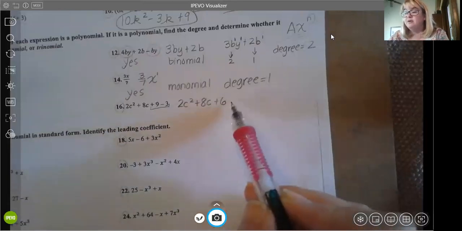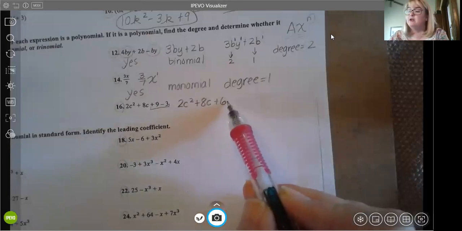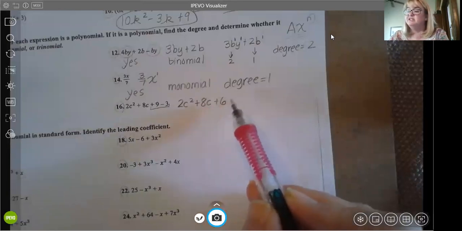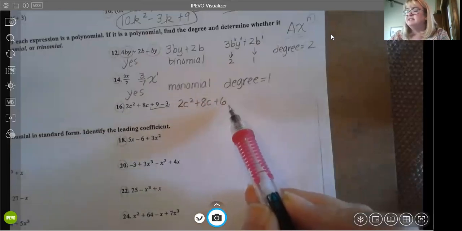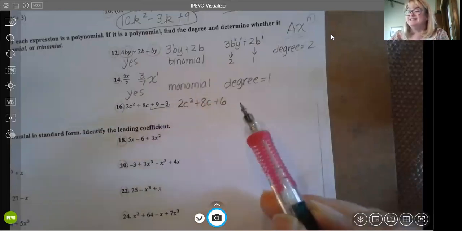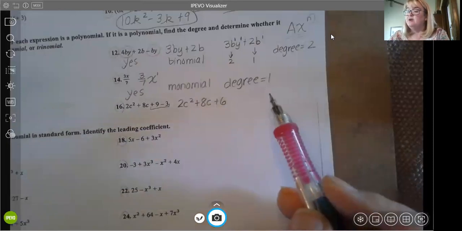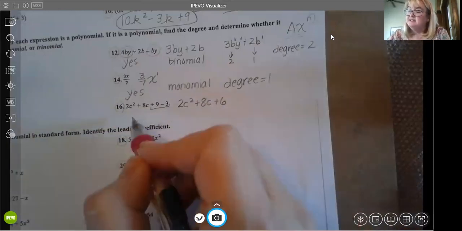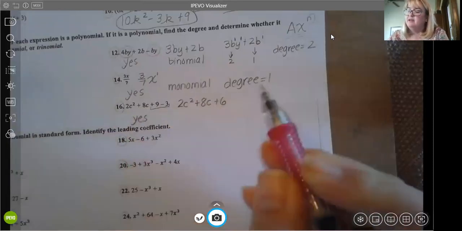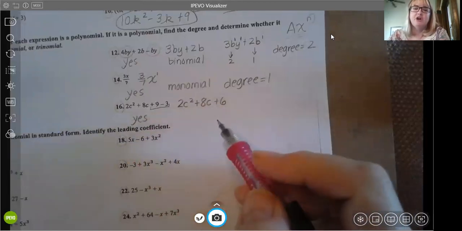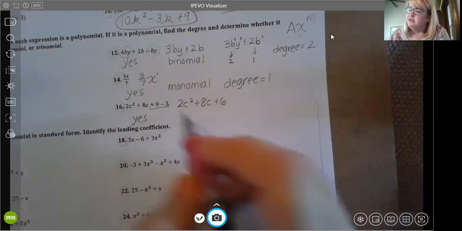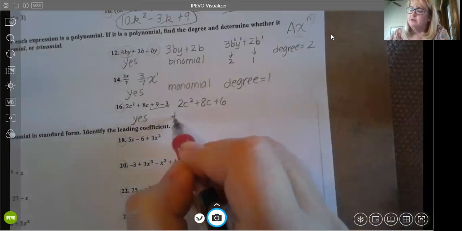Coefficient, variable, well, there's no variable written, but if I had to write a variable, I would write x to the 0 power or c to the 0 power, because c to the 0 power would be 1 times 6 is 6. All right, so this is a polynomial. It has 1, 2, 3 terms. A 3-termed polynomial is called a trinomial.